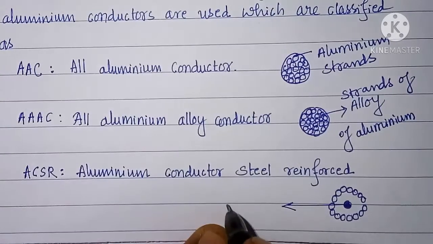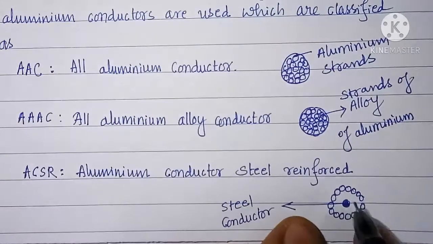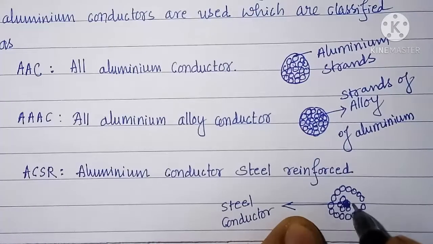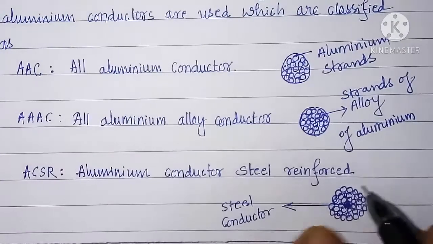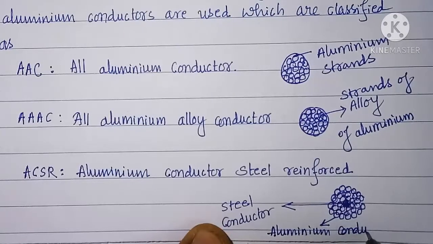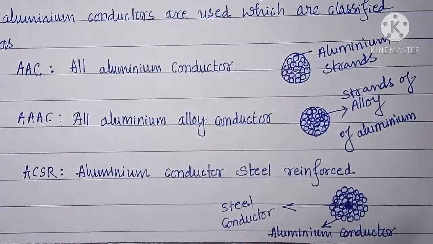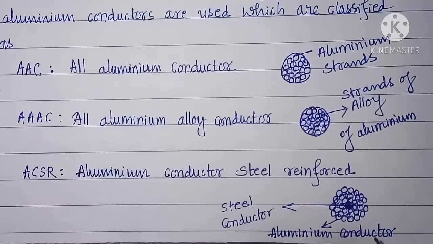Here this conductor is steel conductor. All around this steel conductor, aluminum conductors are placed. You can call these small conductors as strands here.